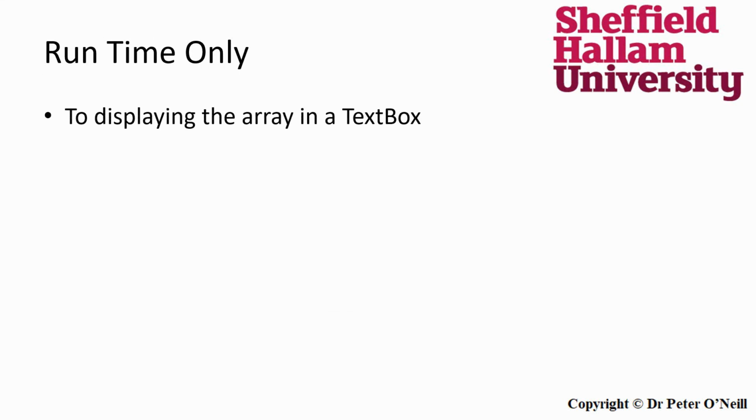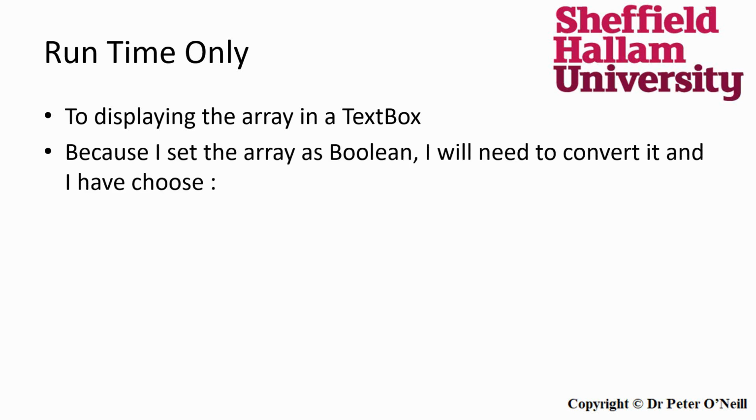So let's try and display that in the text box so we can see that we've done it correctly. Because I set the array as Boolean, I will need to convert them, and I've chosen to use 1 for true and 0 for false in the actual image.